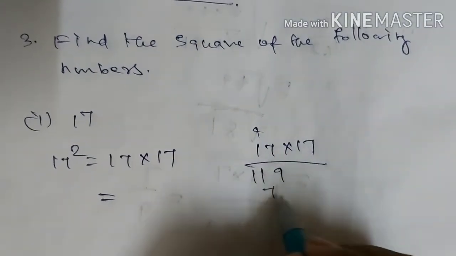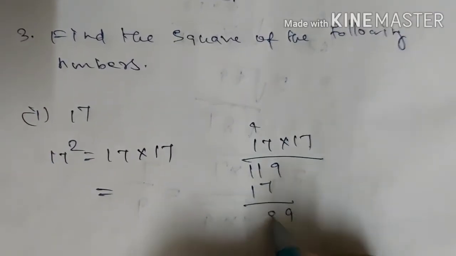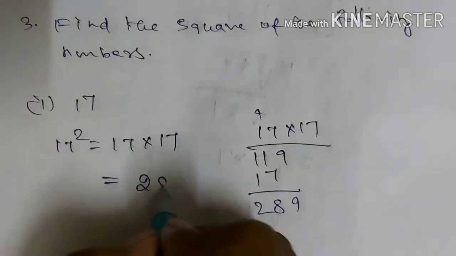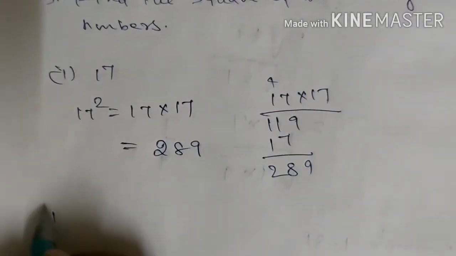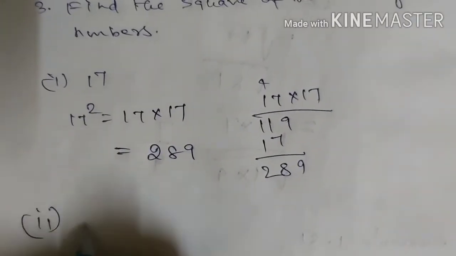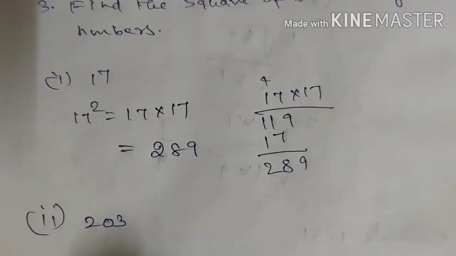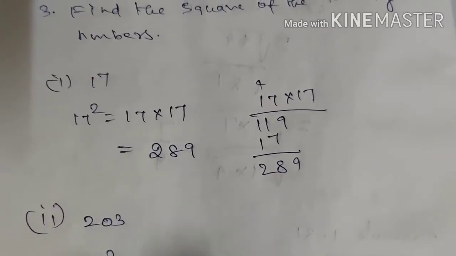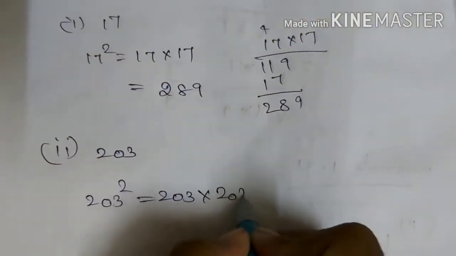Second one, the same manner, 203. So 203 square equals 203 multiplied by 203, very easy to multiply. The answer is 41,209.